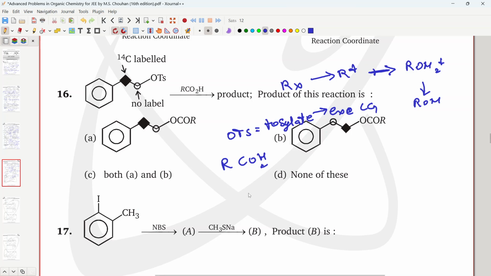The key concept here is the benzylic. This is a benzylic tosylate. The benzyl system undergoes SN1 very easily because the benzylic carbocation is resonance stabilized. So first it forms a carbocation.